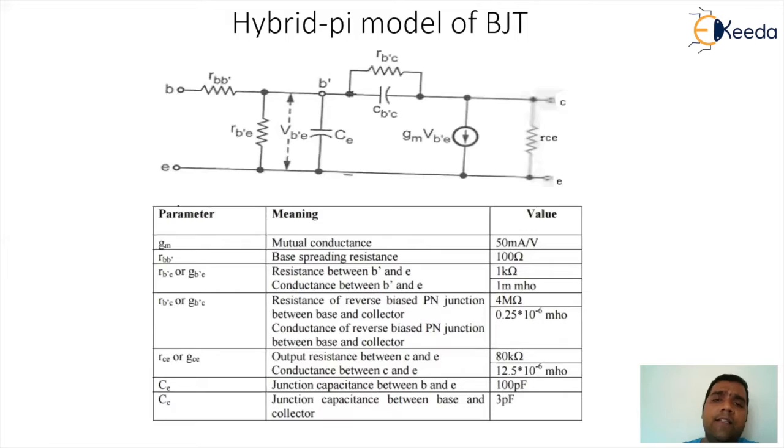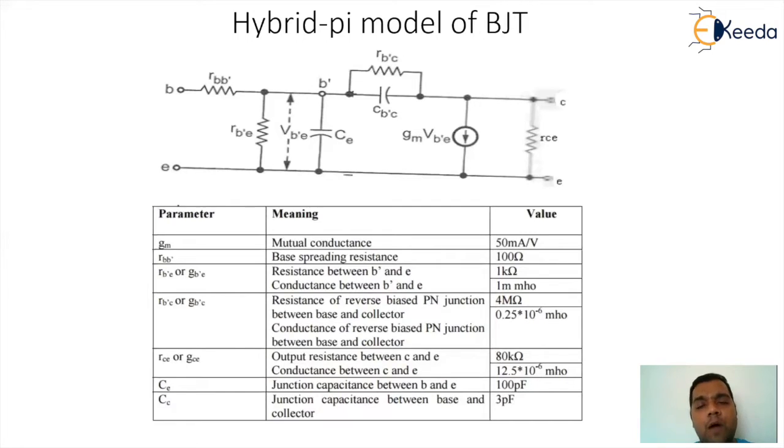Now, the output side is represented in the form of a current source, but the value is defined as gm Vb'e. That implies that the collector current will have a value gm Vb'e. It is basically a voltage dependent current source. It is as good as the input voltage VBE relating to the output current IC.